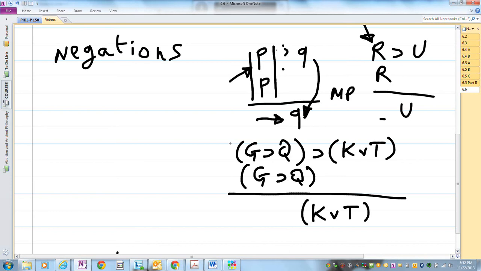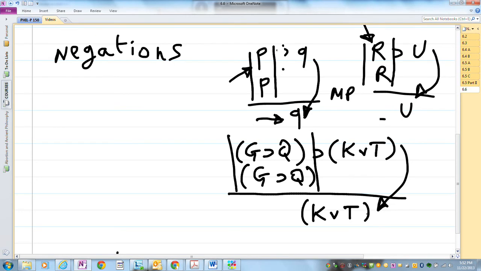So notice that up here is a simple instance of that, but there's an instance of that even down here, even if it's more complicated. Down here, if G then Q is your P, and K or T is your Q, but the pattern is exactly the same. So you have this match, and you infer the consequent of the conditional.